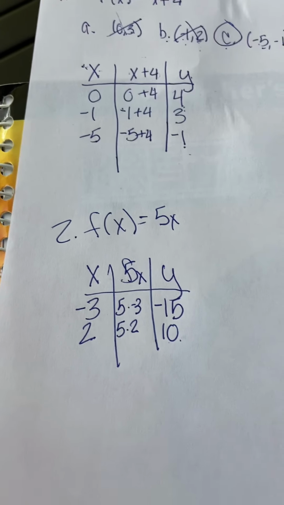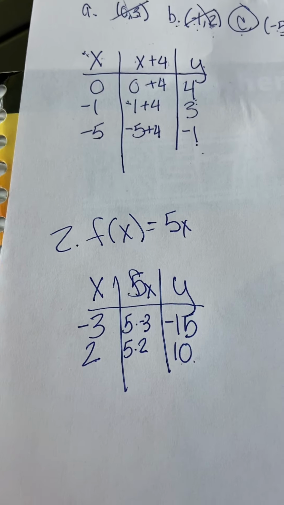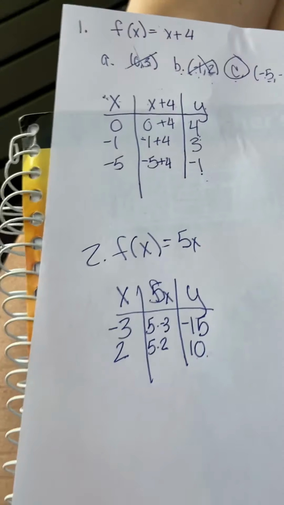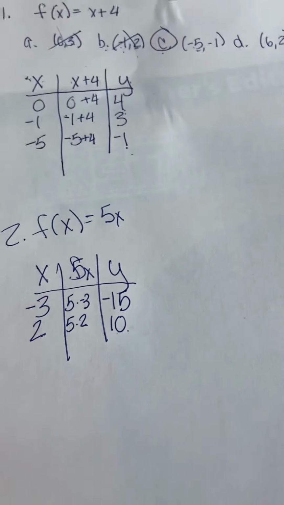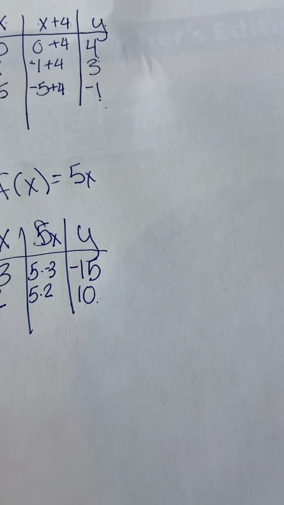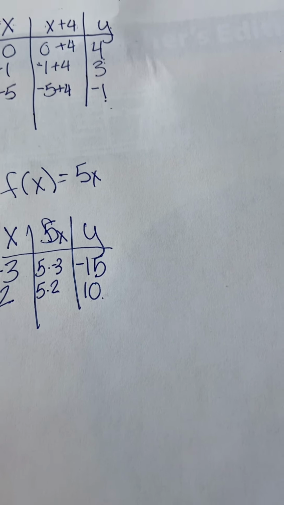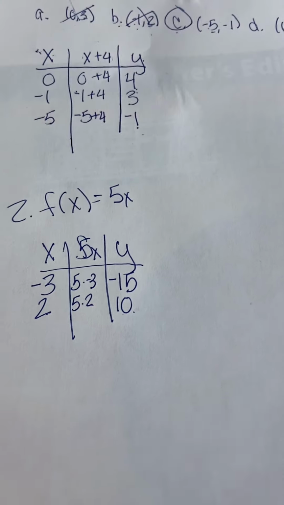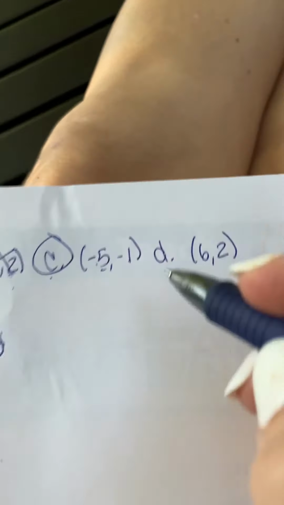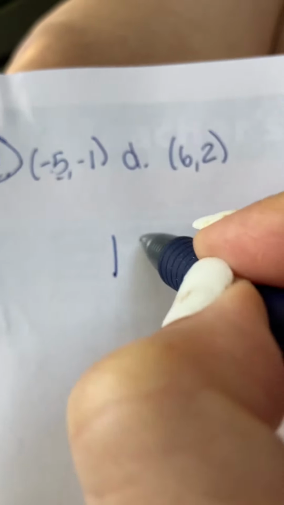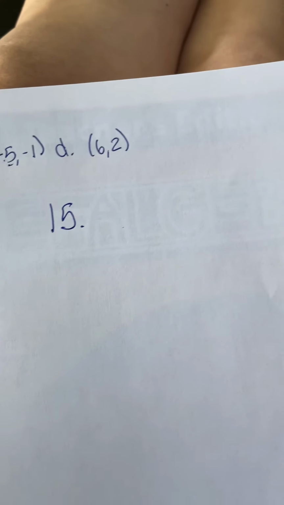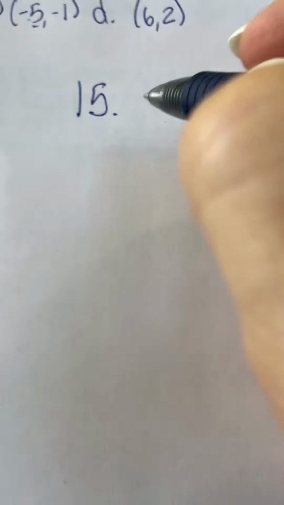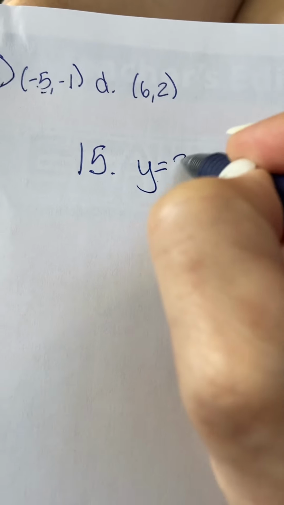The second part of the assignment says, find the ordered pairs for each function rule if the x values are given. I just have my teacher's manual, so I'm going to do it here. I will show you how to do 15 because that's not part of your assignment. 15 is y equals 3x.